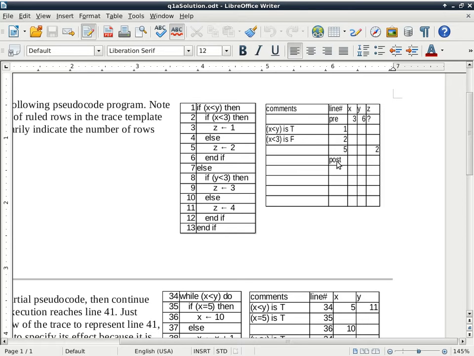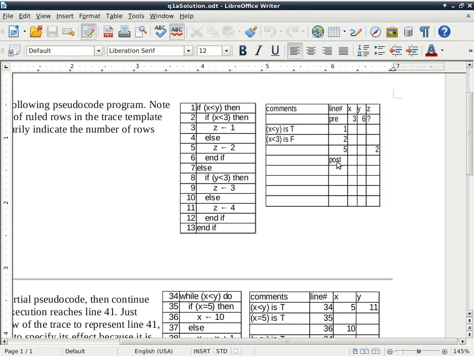The question to ask here is x is less than 3. If that is true, we go to this side. If it is false, we go to the other side. If that is true, we go to line 3. This is basically line 3. Z gets a value of 1. If it is false, we go to the other side, which is line 5. Z gets a value of 2. Are we still doing okay?